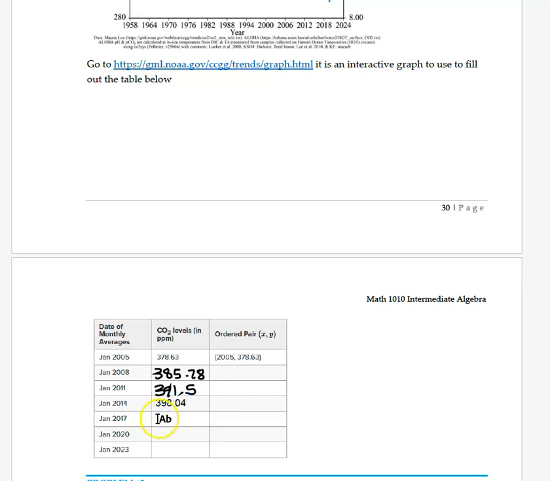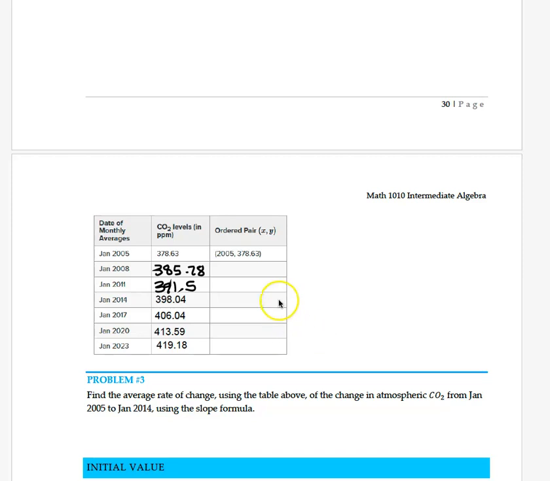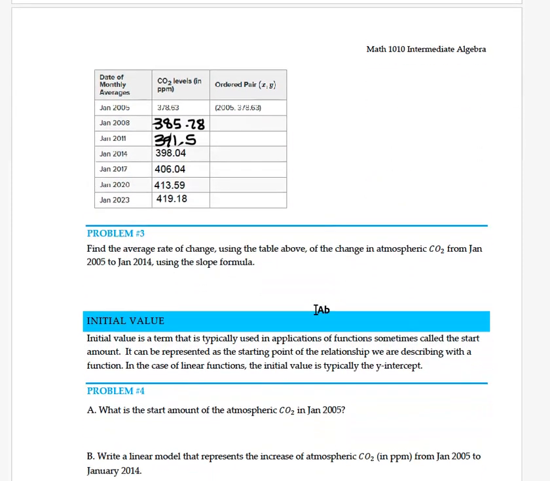Looks better. Let's do 406.04, 413.59, and then 419.18. Those will be a little bit easier to see there. All right, but make sure you look at the graph and understand how to do that.